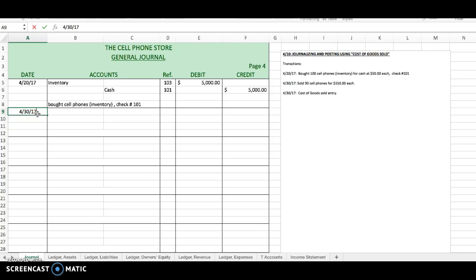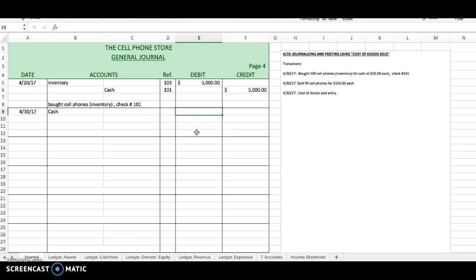That was April 30th, the second entry over on the right side. We sold 90 cell phones, 150 apiece. So if we sold cell phones, we gained cash. So now we're going to debit cash by how much?